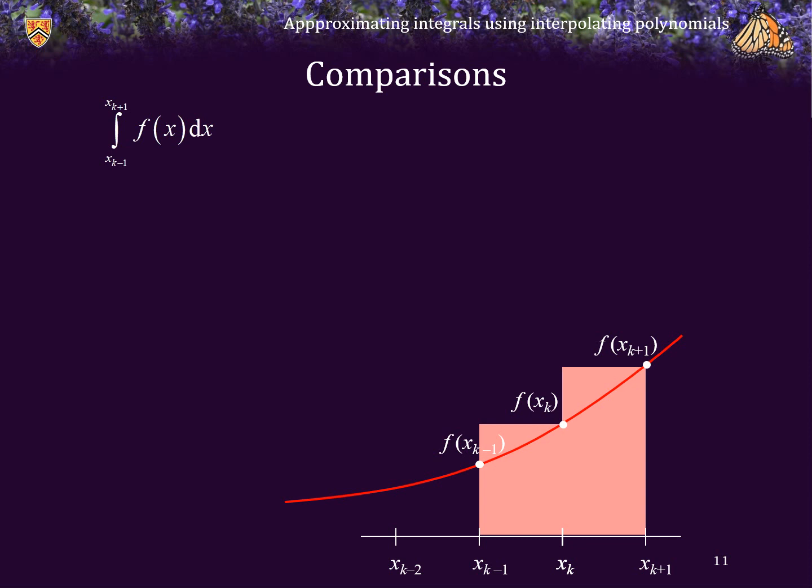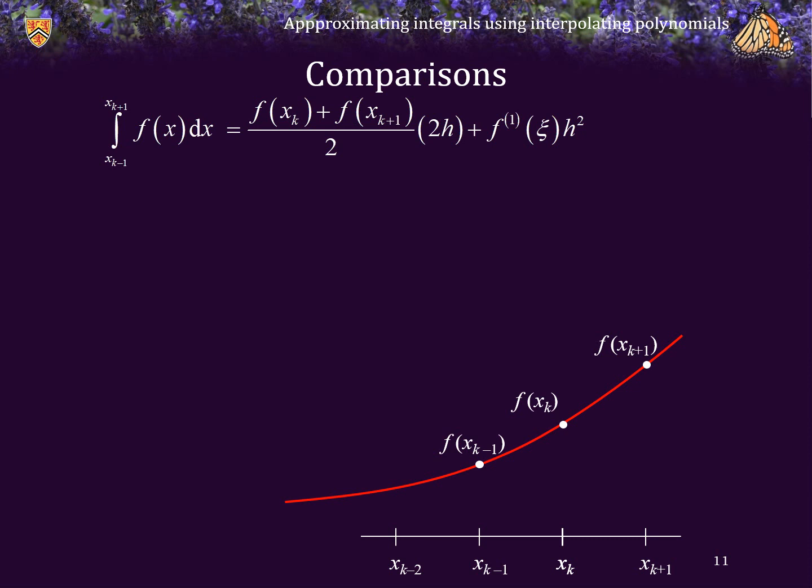So we're going to sum up the 2 areas of these 2 rectangles. That gives us the following formula, and the error, if we do some extra calculations, is the result we see there. Notice that we have in the expression 2h, the width of the entire interval, times a weighted average of the 3 values of the function. Well, in fact, it's only a weighted average of 2 values of the function.